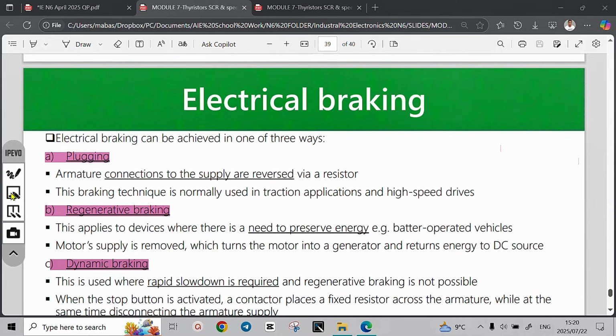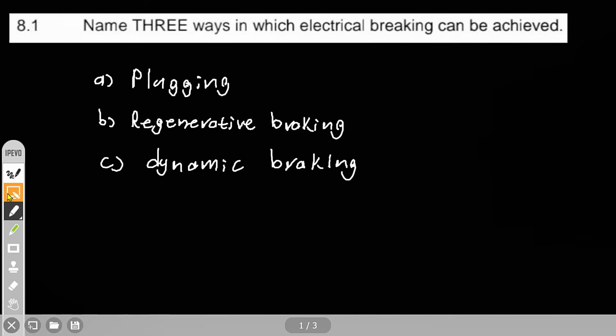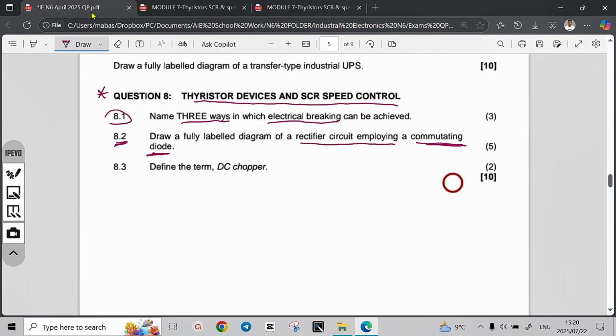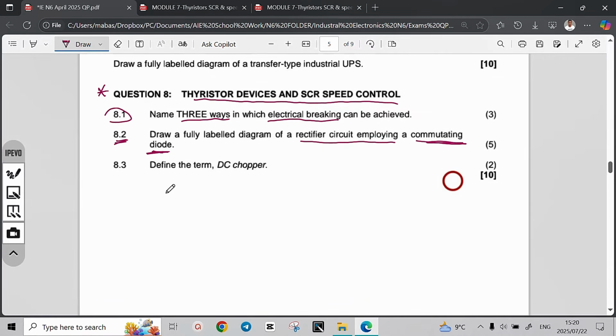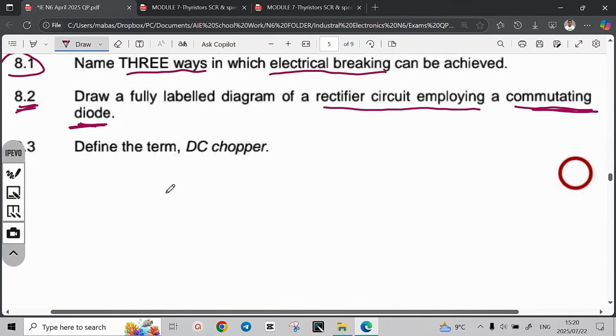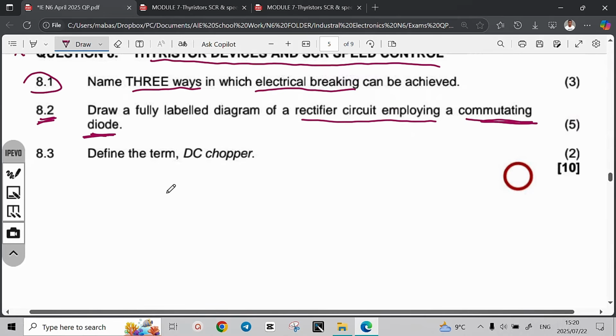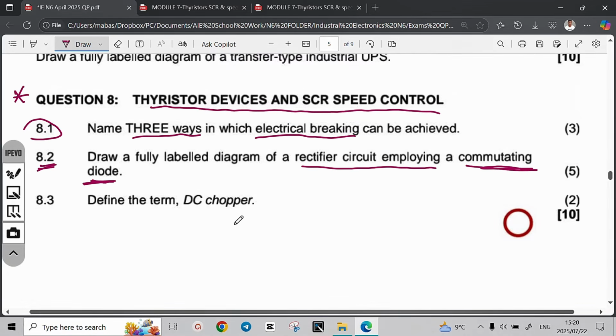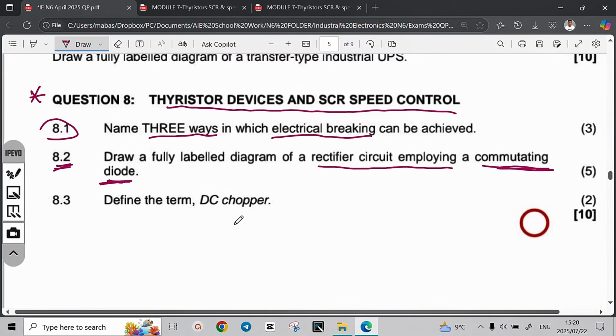So now let's go to our 8.2. Where is our 8.2? Right. So that you will see properly, guys, our 8.2, which is 5 marks, says draw a fully labeled diagram of a rectifier circuit employing a commutating diode.